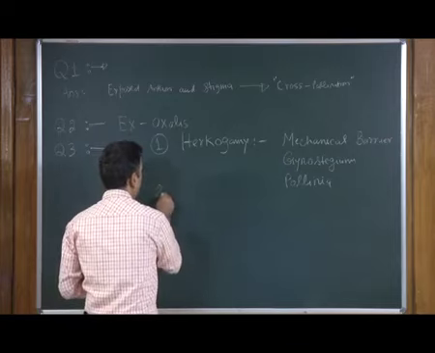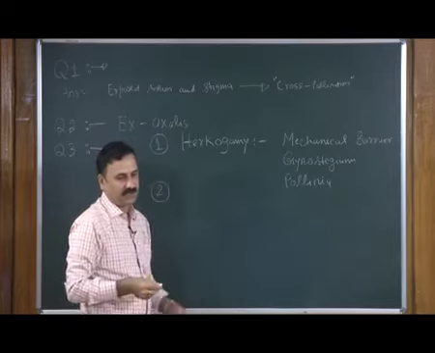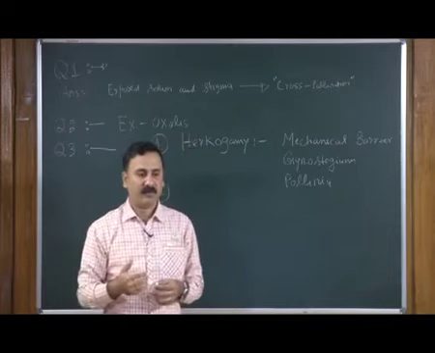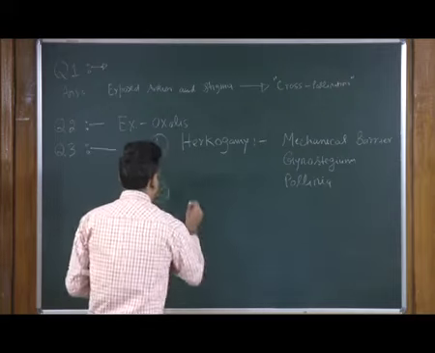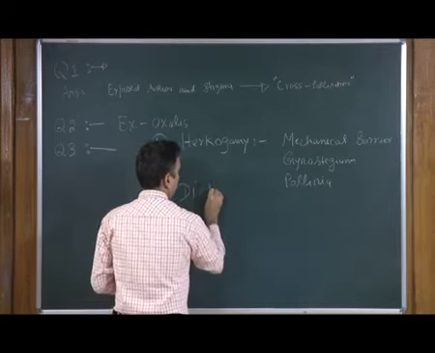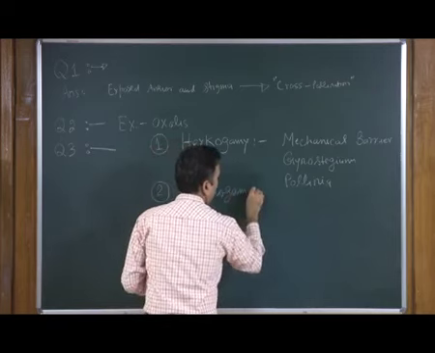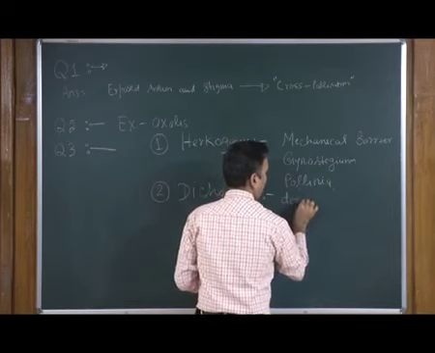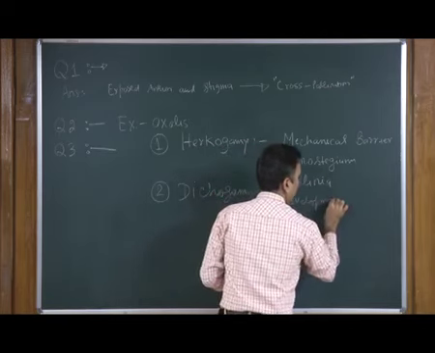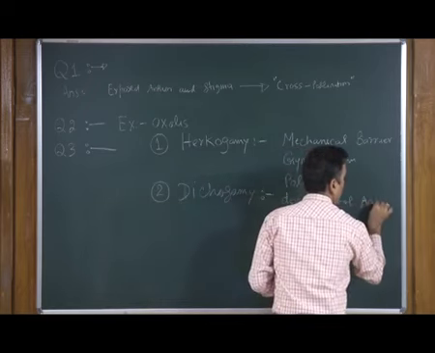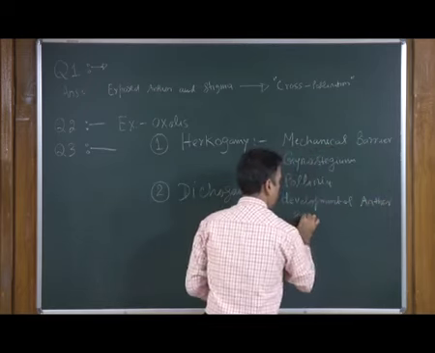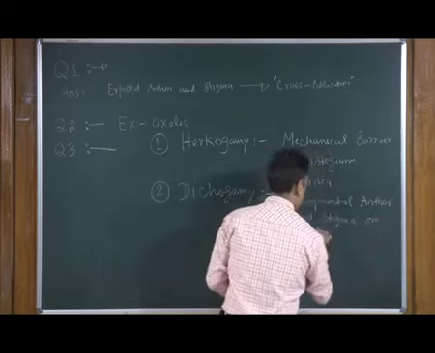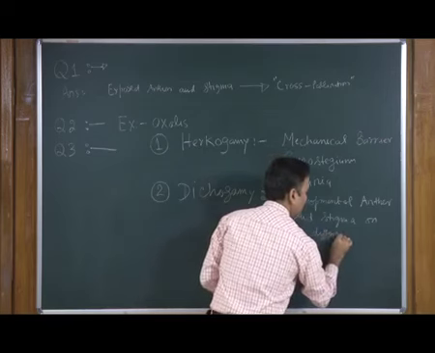The next factor which favors cross pollination, or which has evolved to prevent self pollination, is dichogamy. Dichogamy means the development of anther and stigma at different time points.